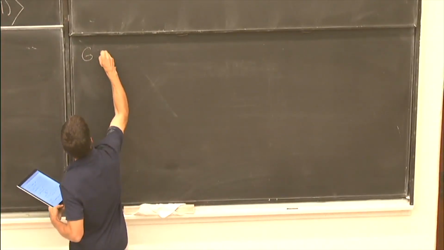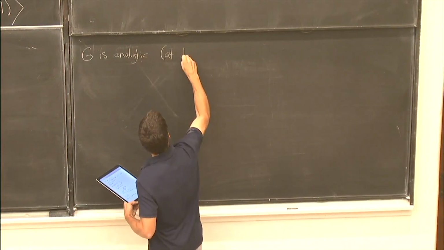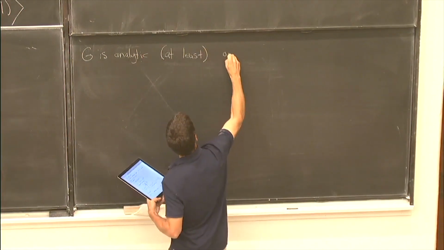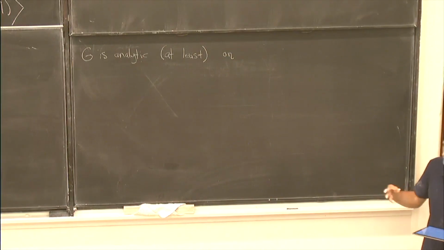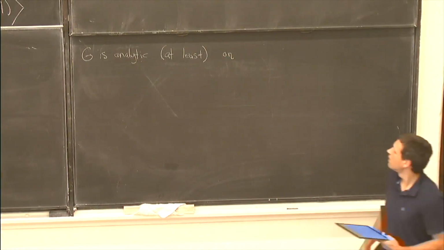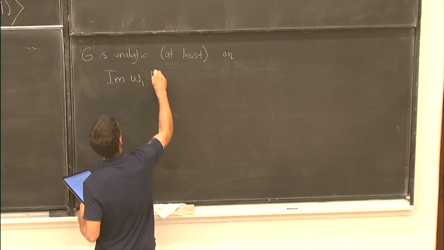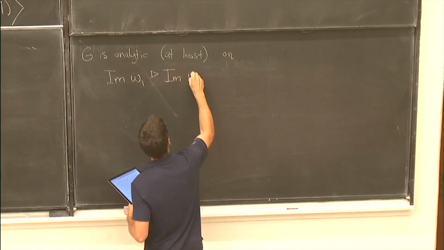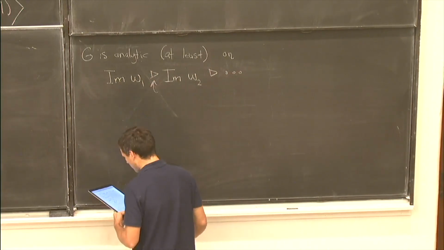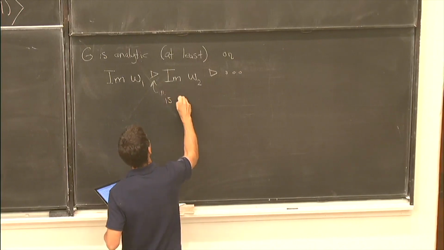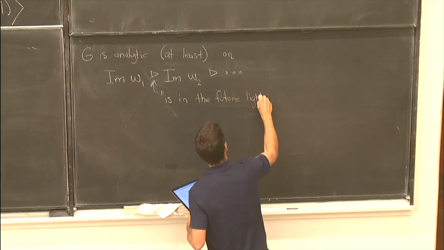Then G is analytic on a bigger domain than what I'll say, but a sufficient criterion for it to be analytic is the domain imaginary part of w1 greater than imaginary part of w2, dot, dot, dot, where these funny triangles mean is in the future light cone of.